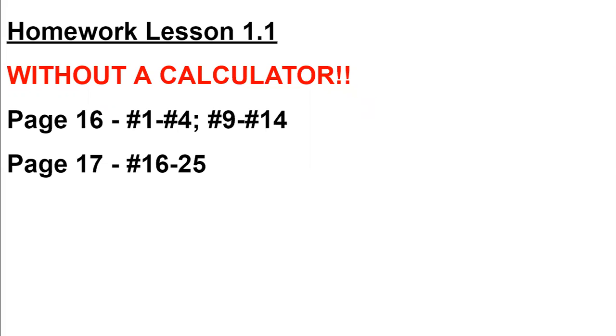So without a calculator, remember, I don't want you using a calculator until later in the year, if at all. So page 16 again, 1 through 4. Numbers 9, 10, 11, 12, 13, and 14. And then page 17, 16 to 25. I know it sounds like a lot of problems, but it isn't as many as you think. Some of these are going to go quick for you.